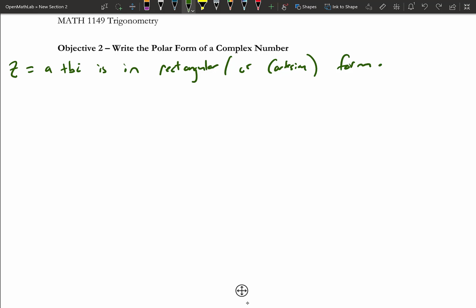So we can say let a and b both not be equal to 0, right?